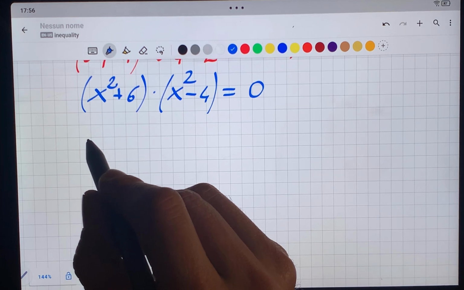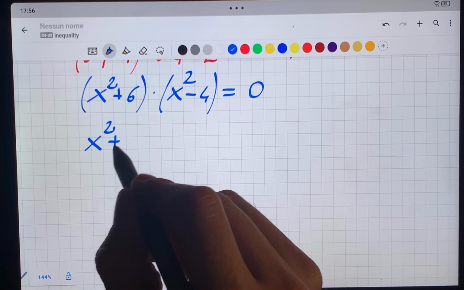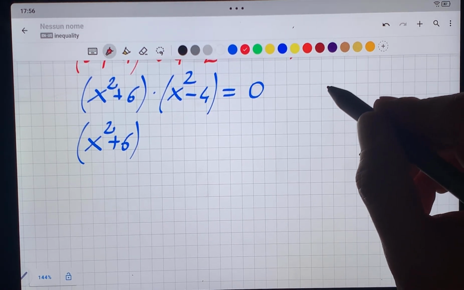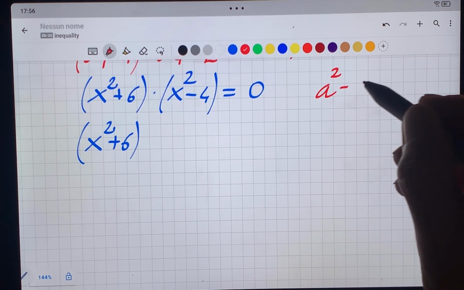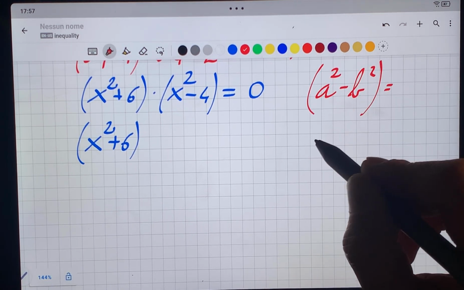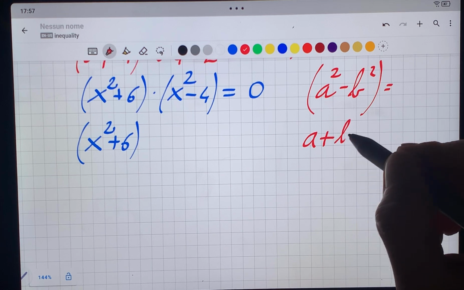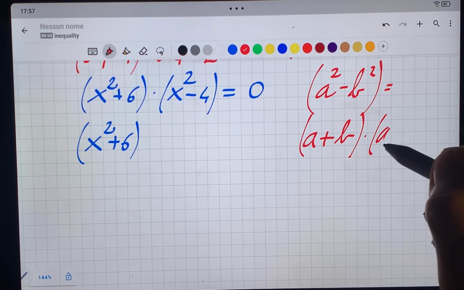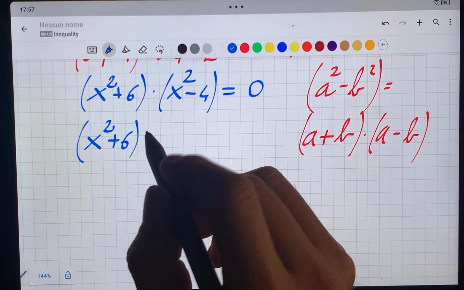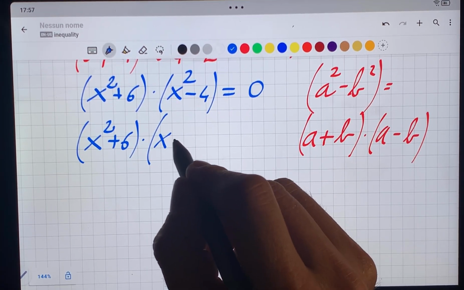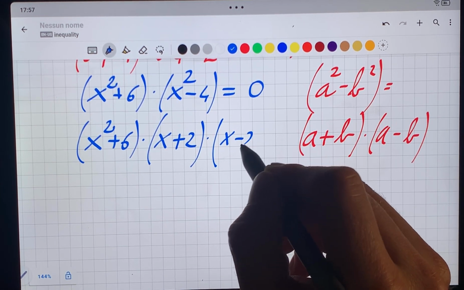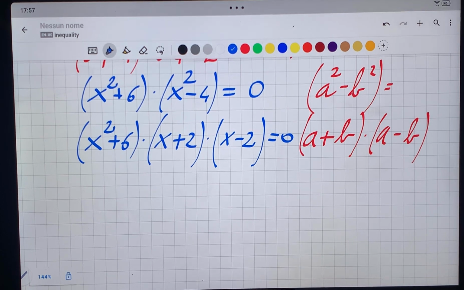So we'll write x squared plus 6, and we'll work on this factor. We know that a squared minus b squared is equal to a plus b times a minus b. So we'll write it as x plus 2 times x minus 2 equals 0.